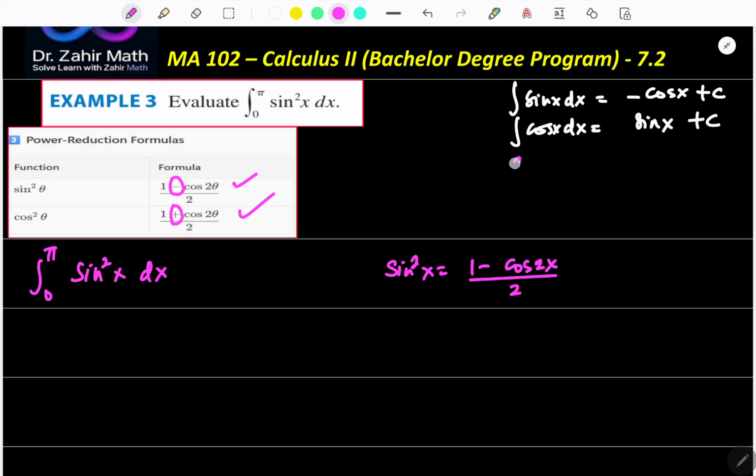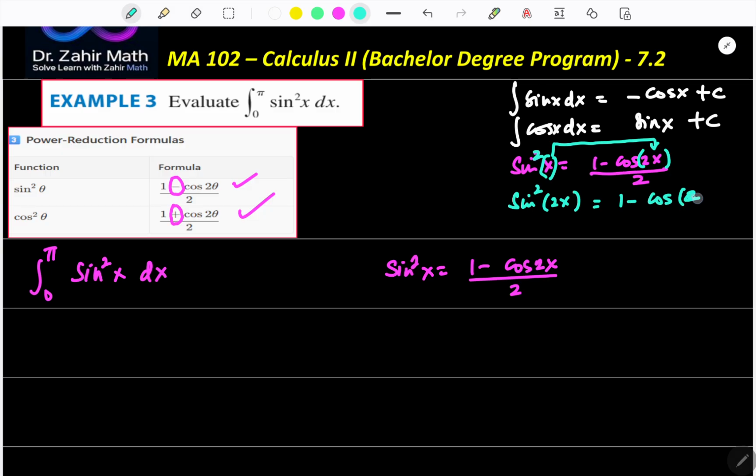Let me ask you one question. Sine square x is (1 minus cosine 2x) divided by 2. Can you tell me what is sine square 2x, the angle multiplied by 2? This is the angle x; when it is there, it is multiplied by 2. Now the angle itself is 2x, so it becomes 1 minus cosine of 2 multiplied by 2, which is 4x, divided by 2.